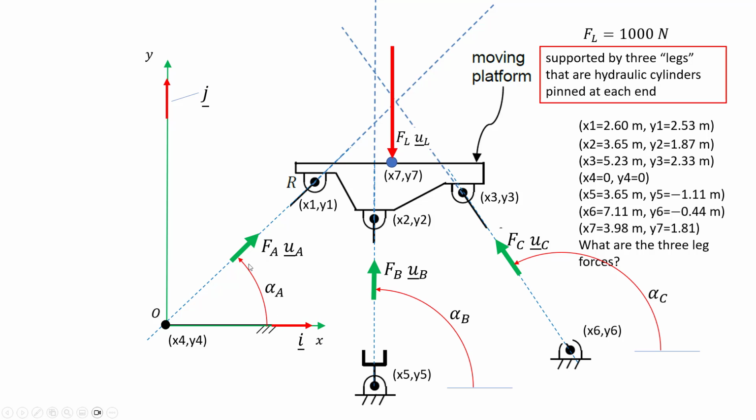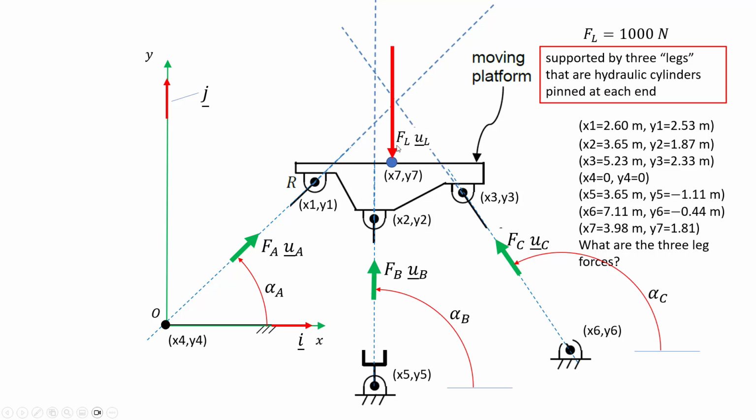I've identified the orientations of each of the legs. I can get that information from the knowledge of these coordinates. So I should be able to get the unit vectors, and I should be able to get a position vector to each of those 3 forces.